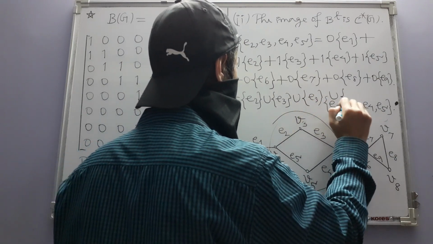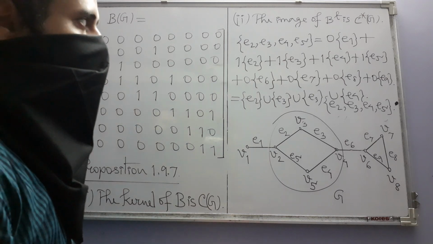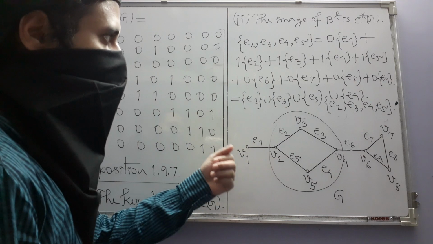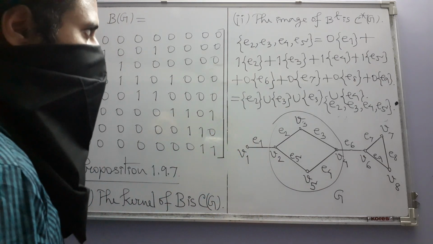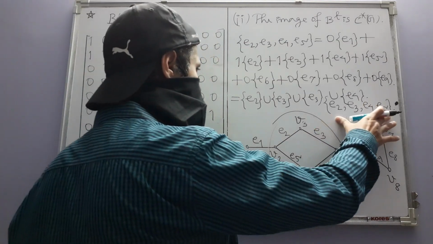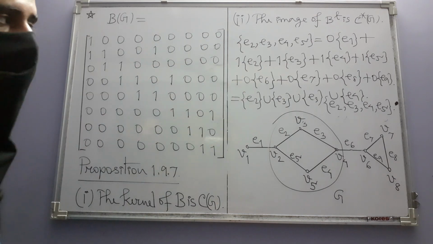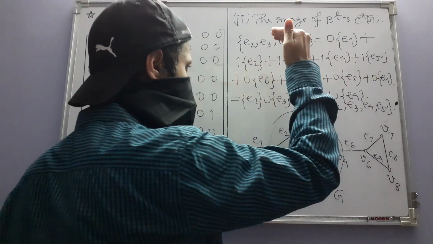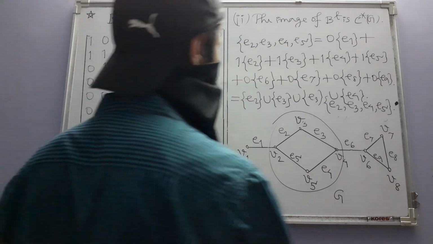A3 union A4. That's what it is. Now, from this linear combination, if you write the vector in the actual Euclidean space, then the vector corresponding to this vector from the cycle space is going to be what? It is going to be a column vector. That column vector will be 0, 1, 1, 1, 1, 0, 0, 0. As many zeros there are after that.